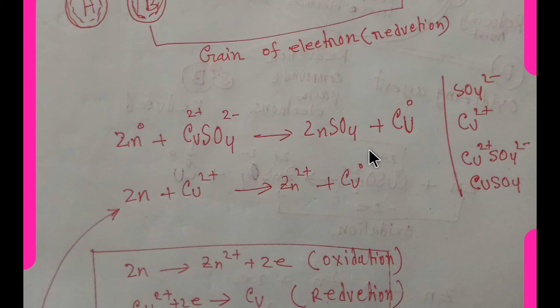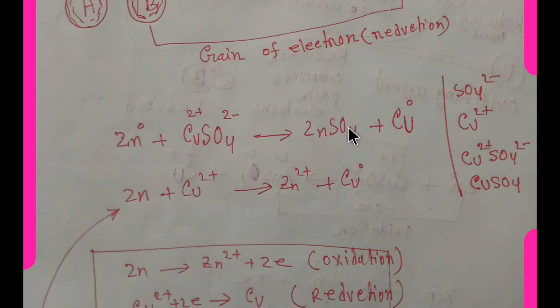Copper sulfate. So zinc plus copper sulfate: the oxidation state of zinc is 0, the oxidation state of copper is 2 plus and the oxidation state of sulfate is 2 minus, right? So we'll get zinc sulfate and copper. This is our product, right?